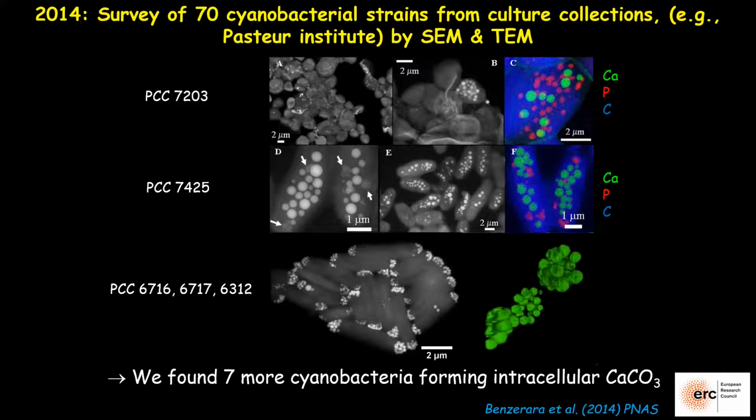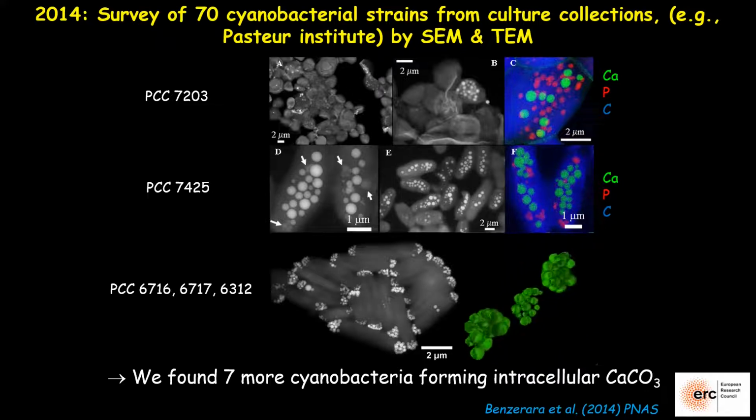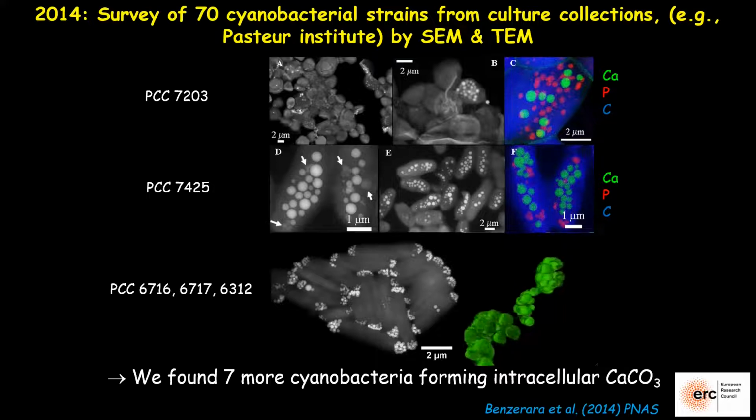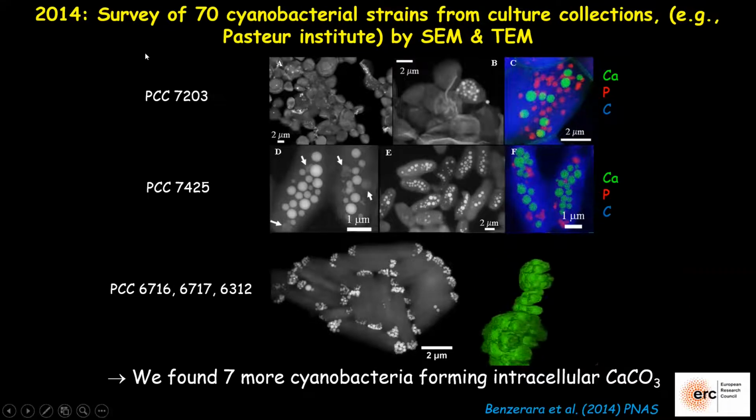We observed 70 of them. So this was several days of microscopy. We tried to work early in the morning or late in the afternoon. And we discovered this way that other cyanobacteria were forming intracellular carbonates. And these are the names they have.